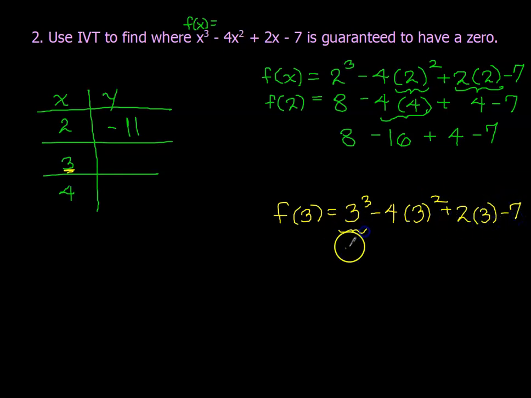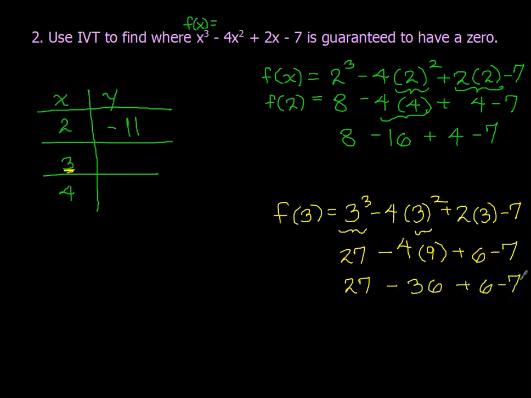Exponents first, this will give me 27 minus 4 times 9. After exponents, I can multiply. So I have 27 minus 36 plus 6 minus 7. Again, once it's adding and subtracting, you can just go from left to right. So we have 27 minus 36 plus 6 minus 7, and that'll give me negative 10.